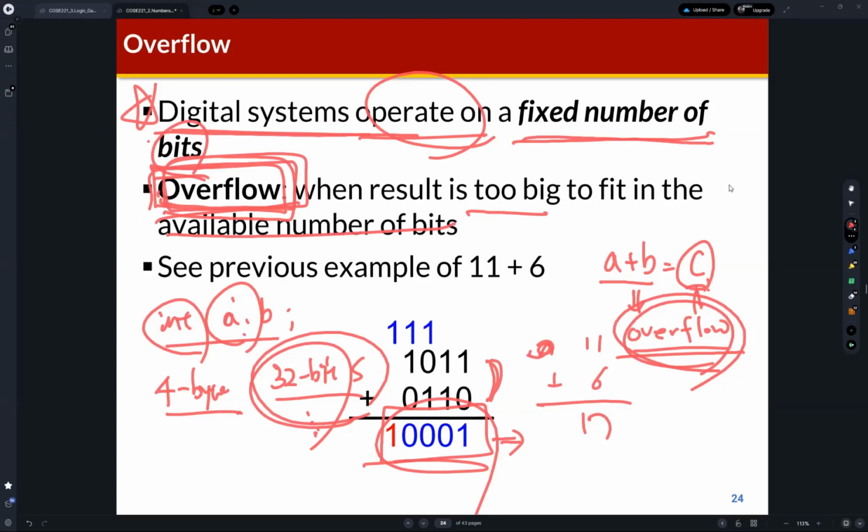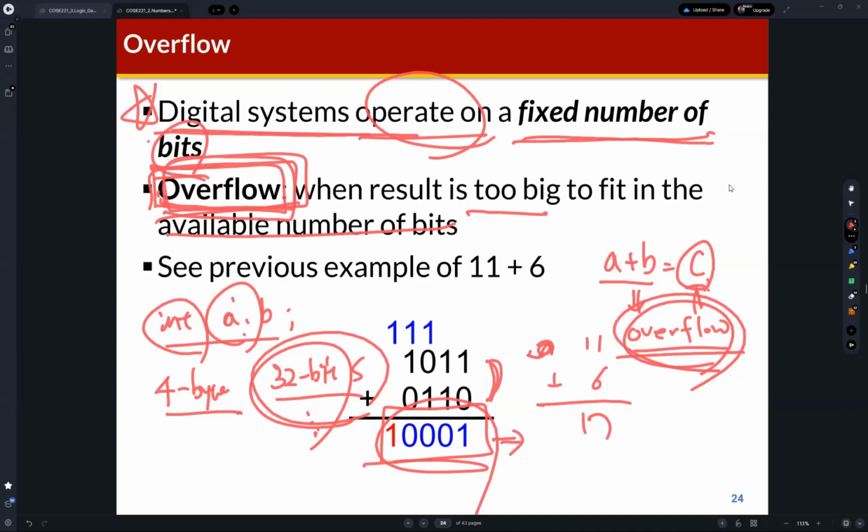So which means that if we just decide the number of bits or number of digits in the binary number, then this number is fixed. So we cannot change the number of bits because this is the hardware. This is a hardware resource. So if the hardware is fixed, then we cannot change. So which means that the number of digits of the binary data is also fixed.